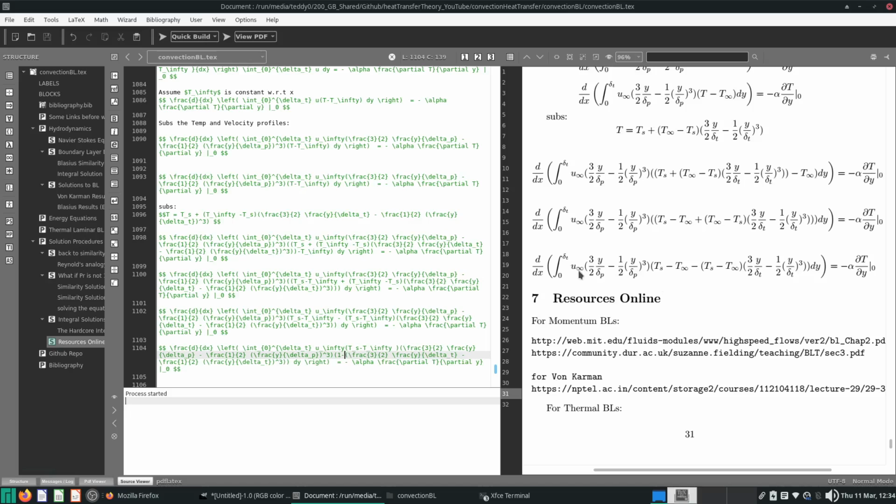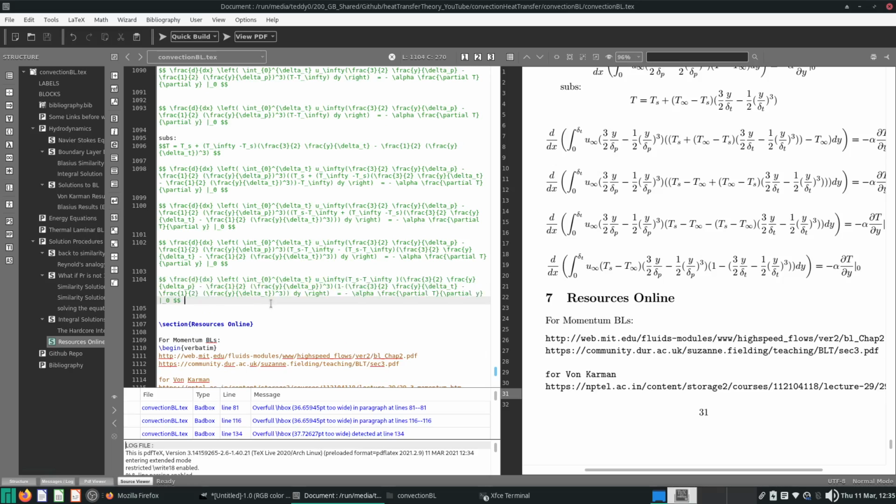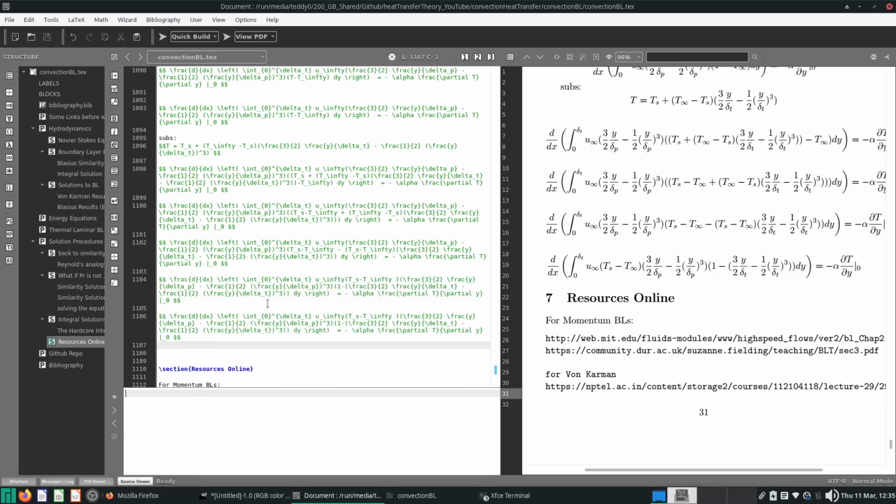So we can actually assert that these two are independent of both y and x, because these are just constants. So we'll just bring them all the way out to the outside, so that we don't have to worry about them at all.